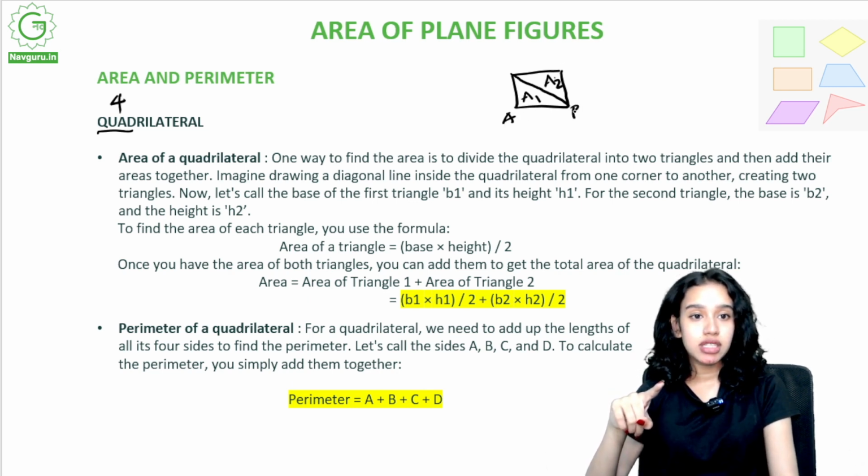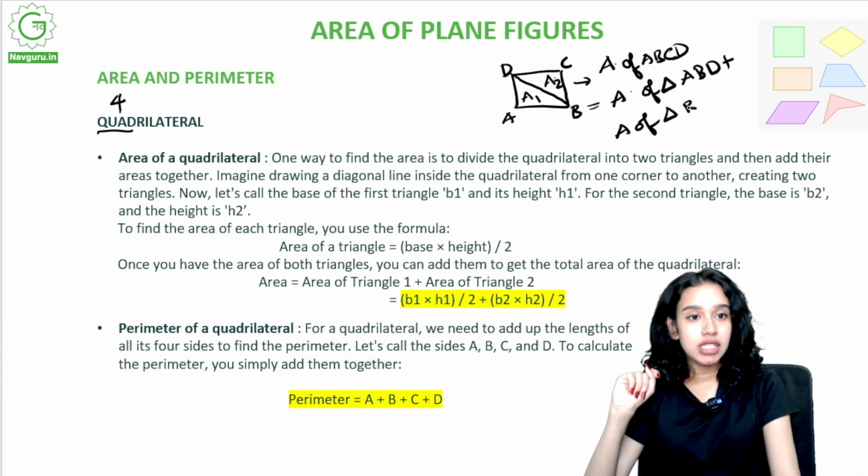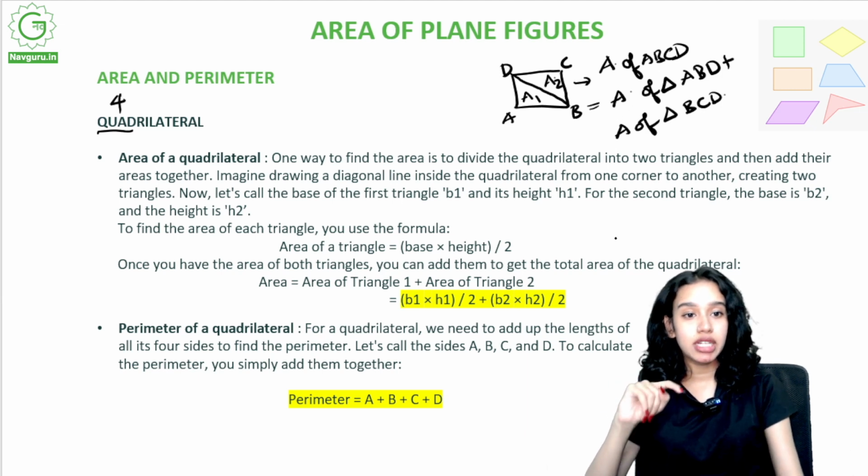If I am naming the quadrilateral ABCD, the area of ABCD would be equal to the area of triangle ABD plus the area of triangle BCD, right? Now, what is the area of triangle ABD? It would be half into base into height.